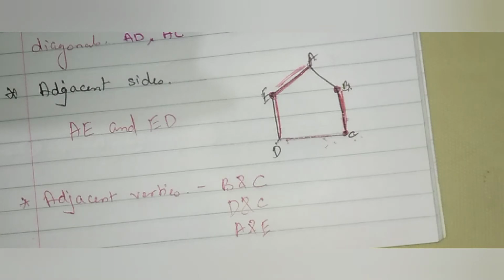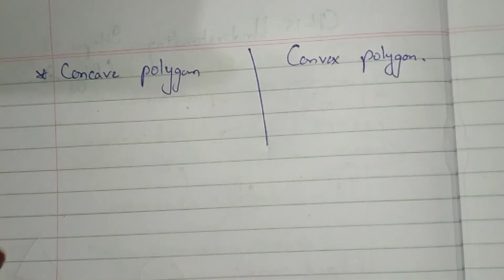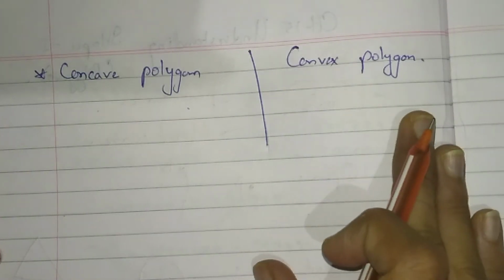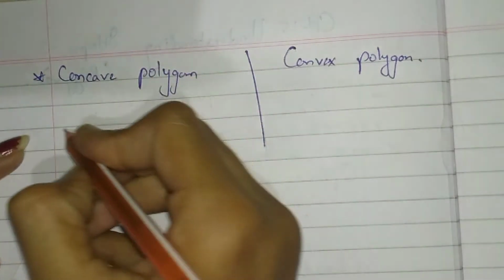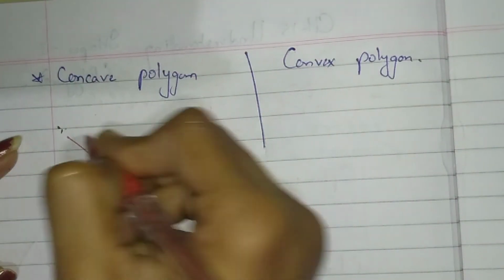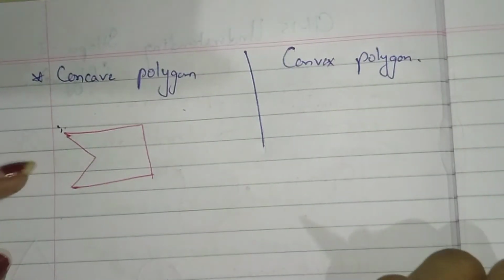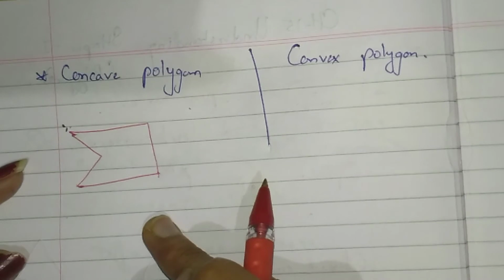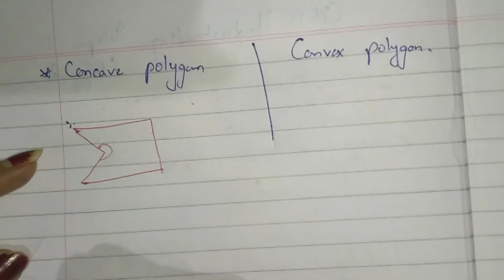Now we will start another topic, which is concave polygon and convex polygon. In a concave polygon, at least one interior angle is more than 180. Now I am drawing one example like this way. So this is a polygon, and one angle here is more than 180.